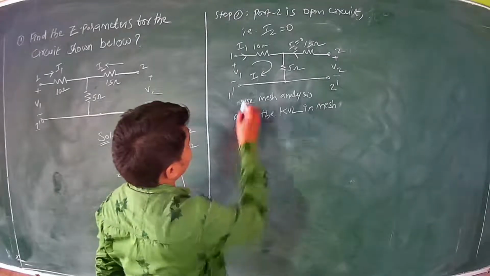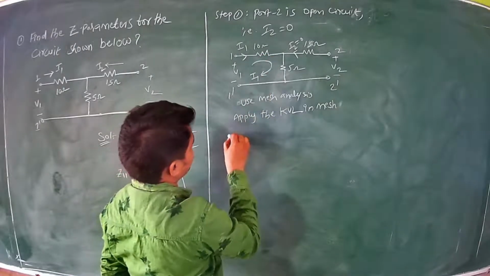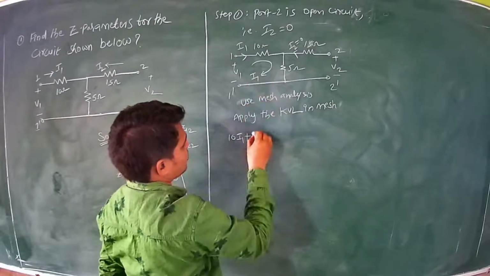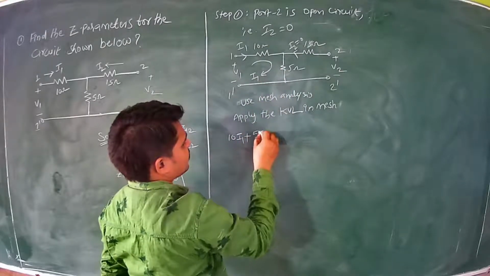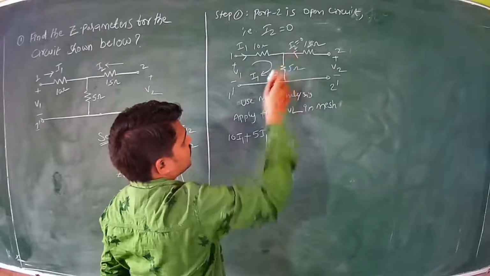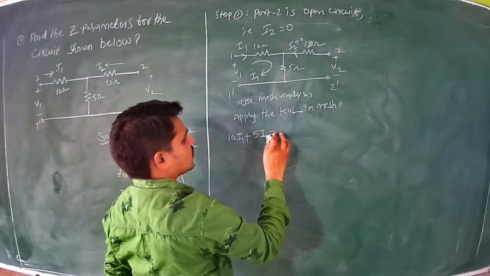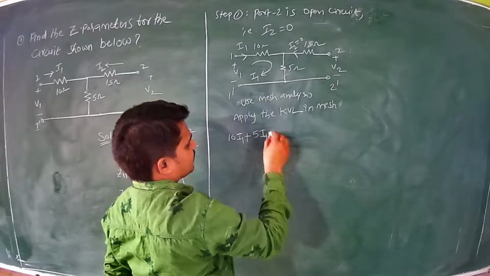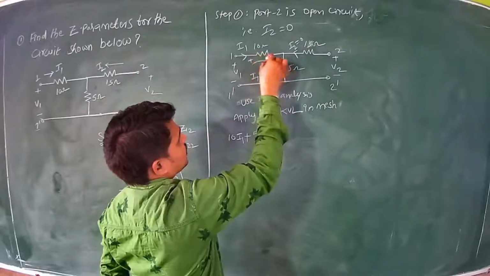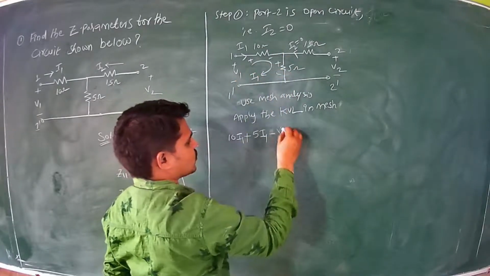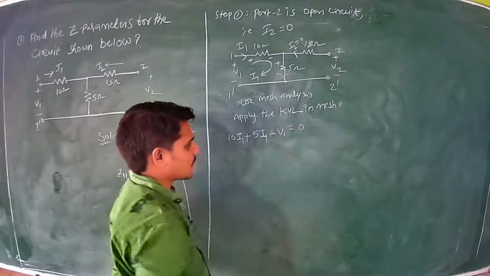So what is the voltage across the 10 ohm resistor? 10 into I1 plus 5 into I1. Of course it is I1 minus I2, but I2 is 0, so it is 5 I1. So 10 I1 plus 5 I1 minus V1 equal to 0.